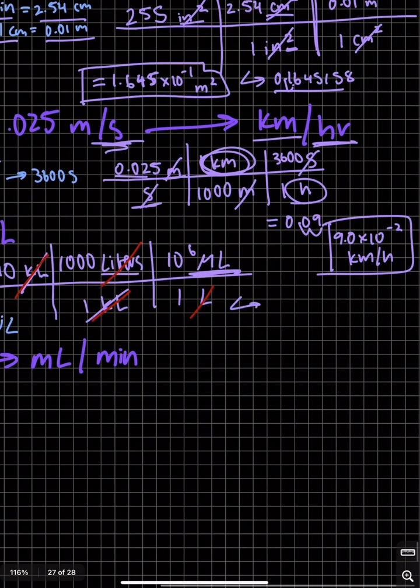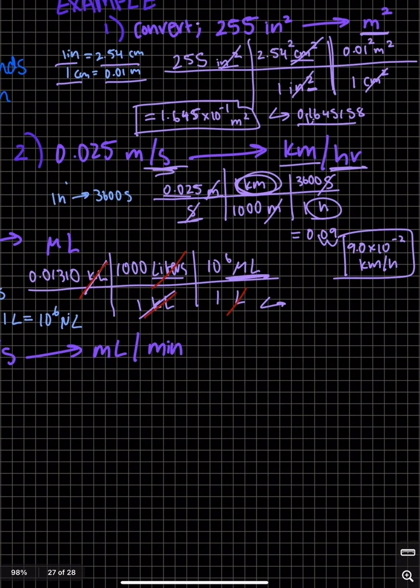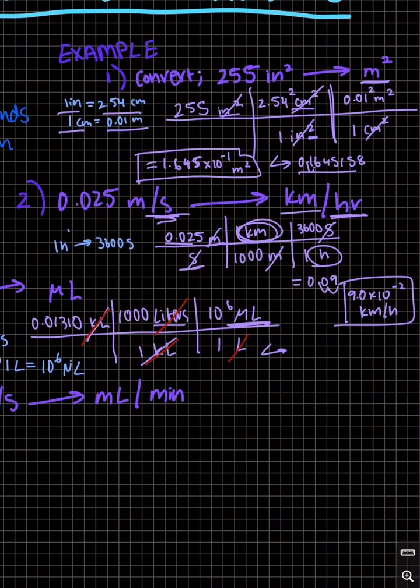Now I grab my scientific calculator and do my calculations. I'm going to do 0.01310 times 1,000, because it's up here, and then whatever I get times 10 to the power of 6. And I get this really big number.